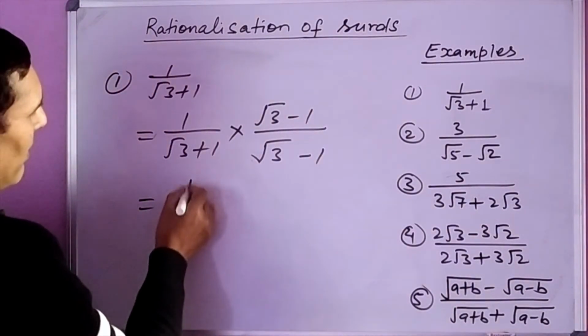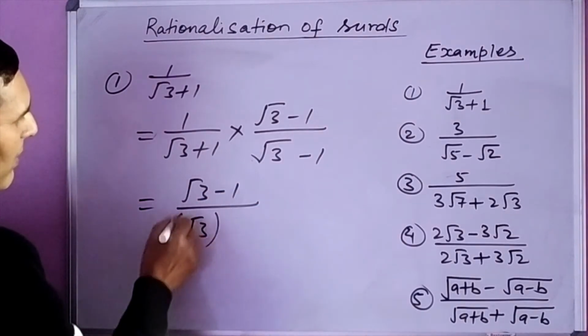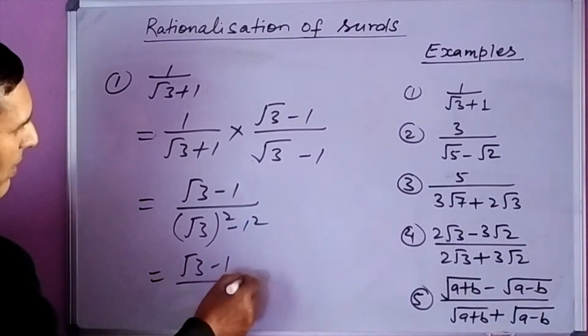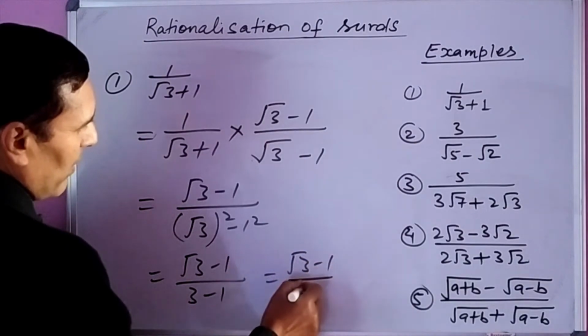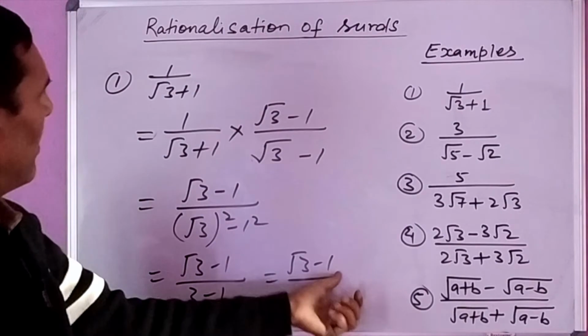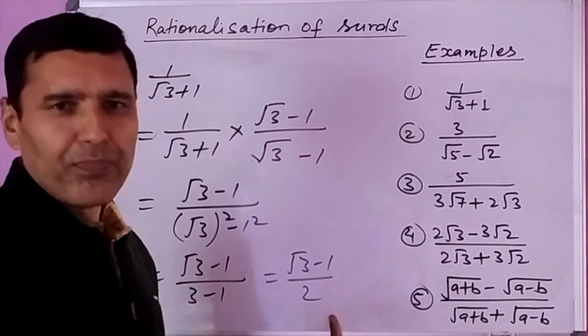And so it is (root 3 minus 1) upon (root 3 square minus 1 square). So root 3 minus 1 upon 3 minus 1. So root 3 minus 1 upon 2. Now this structure and this structure, the 1 upon root 3 plus 1, it is (root 3 minus 1) upon 2.